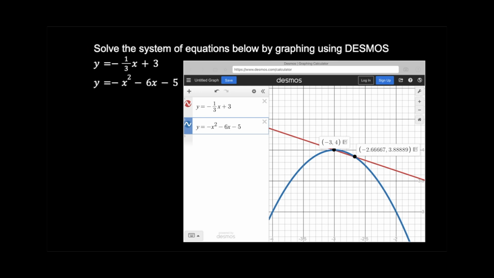Negative 3 comma 4 is one answer, just looking at the graph, and the other one is negative 2.6 repeated, comma 3.8 repeated, it looks like. That last digit is just rounding. That second one as fractions instead would be negative 8 out of 3 and 35 out of 9.